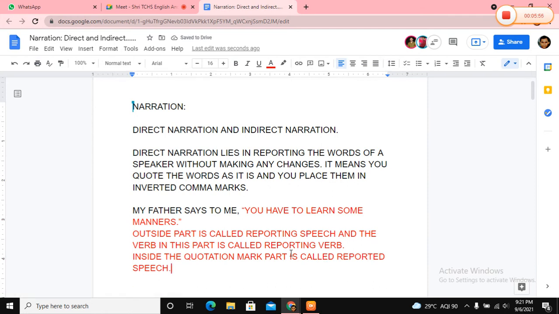This part is in the object case of the reporting verb. So this statement that lies inside the quotation mark is called reported speech, and this reported speech is the object of says to, said to, whatever verb is coming there. This is part 1 and this is part 2.